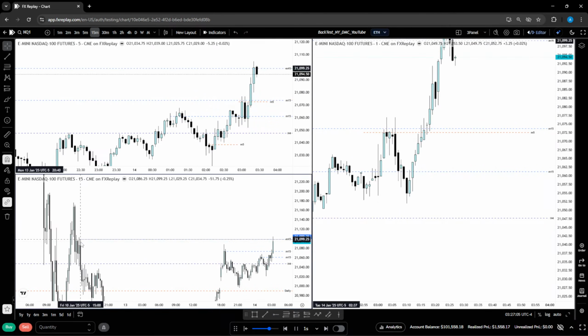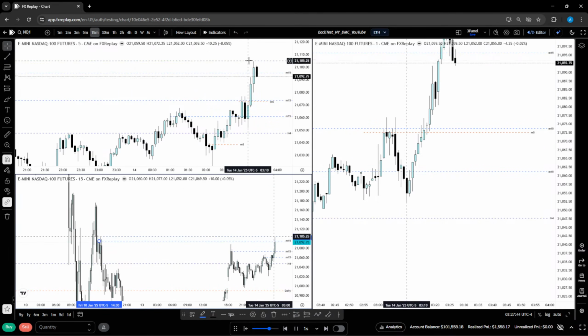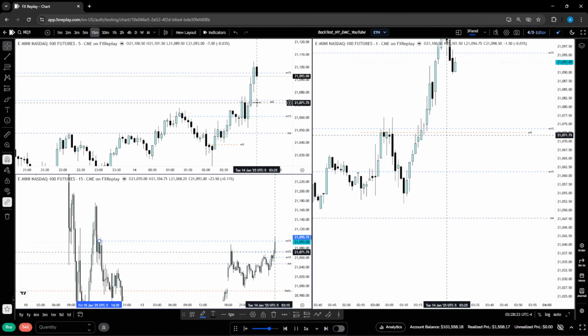There are some levels here that we're probably gonna react off of to go test some of the previous levels.